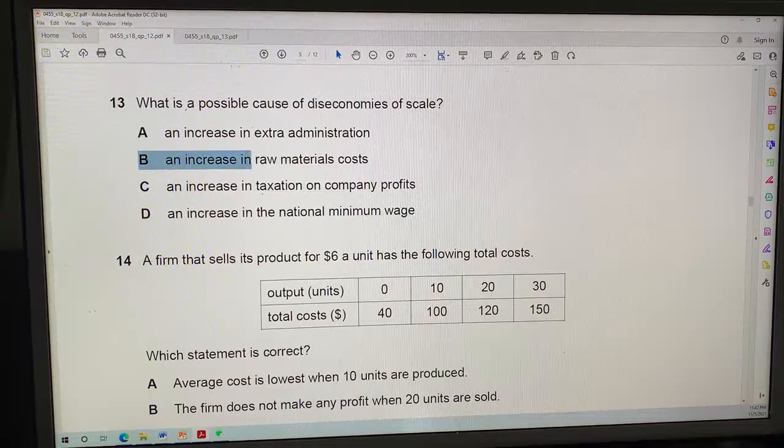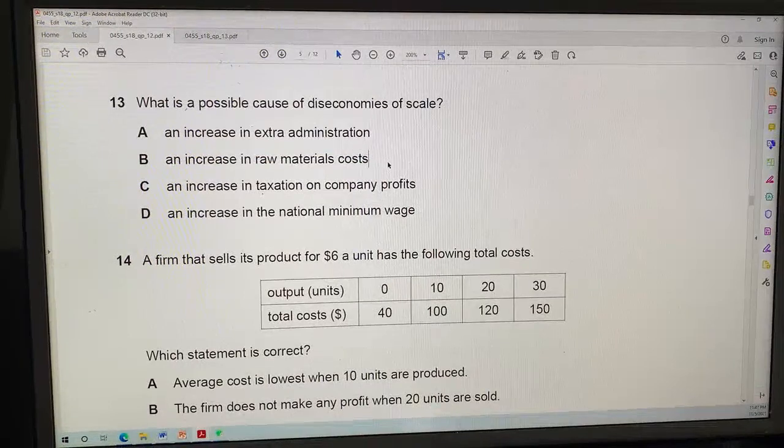An increase in raw material costs. Maybe not. This will shift your variable cost curve and your average total cost curve, but an increase in the price of one factor does not cause diseconomies of scale, because scale is all your factors of production.